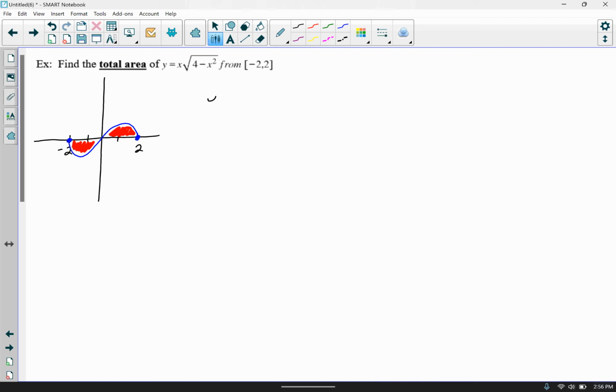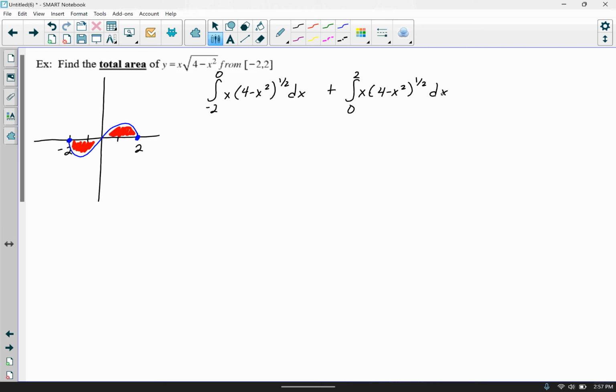So we would need the integral from negative 2 to 0 of that same function, x times (4 minus x squared) to the 1/2 power dx, plus the integral from 0 to 2 of the same function, x times (4 minus x squared) to the 1/2 power dx.